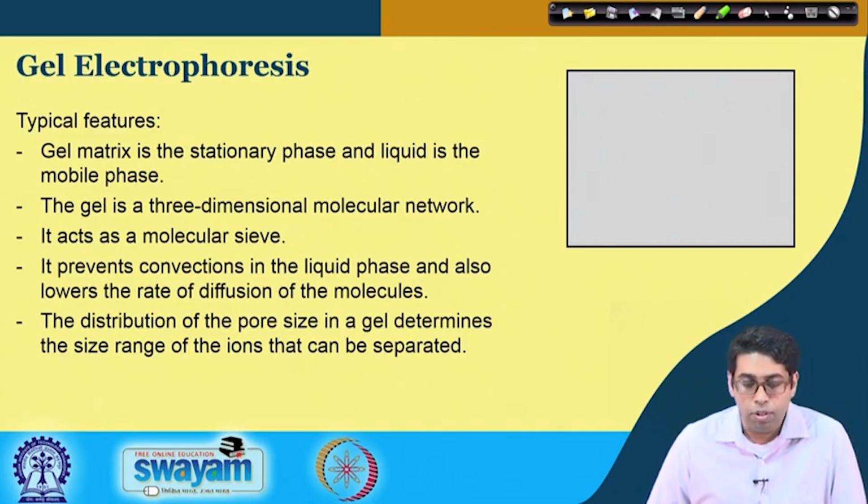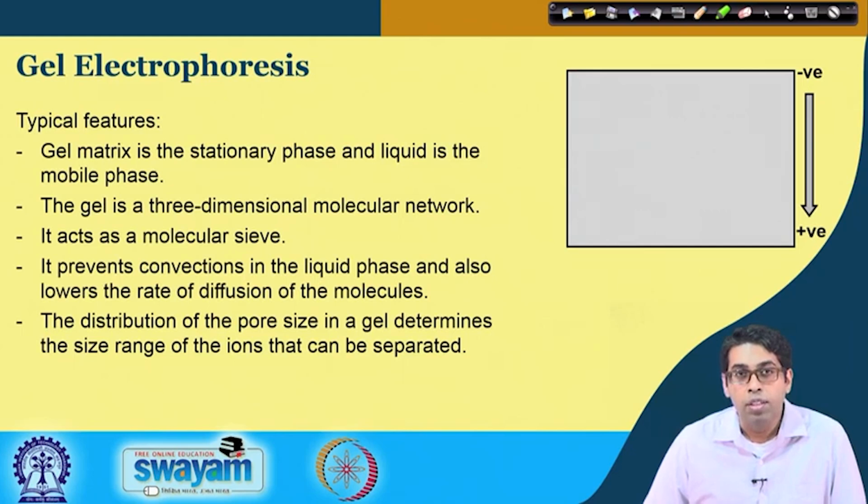On the right hand side what you see is a rectangle. A typical gel would look something like this. The thickness of these gels is very small. If it is a polyacrylamide gel, this thickness will be in the order of 0.5 millimeter. If it is an agarose gel, then it can be up to 5 millimeters.